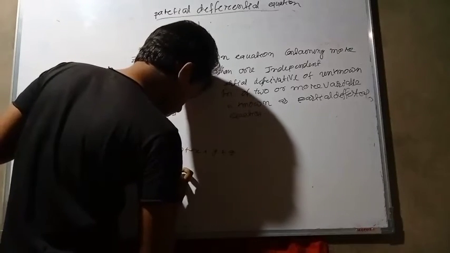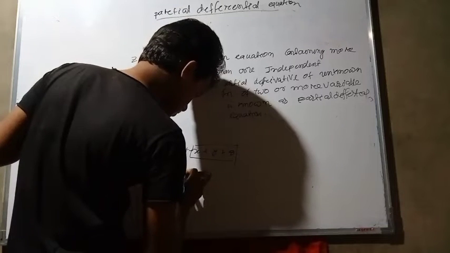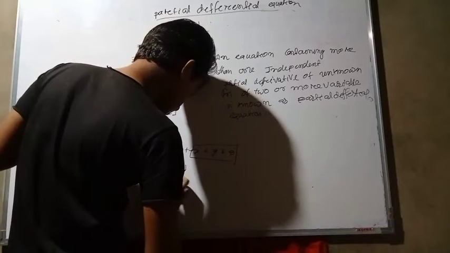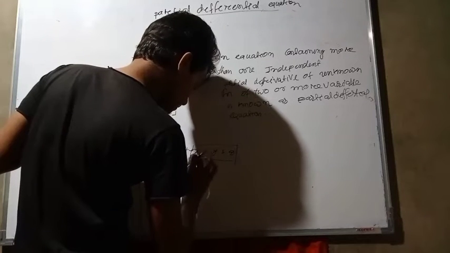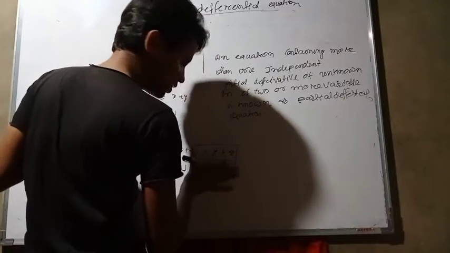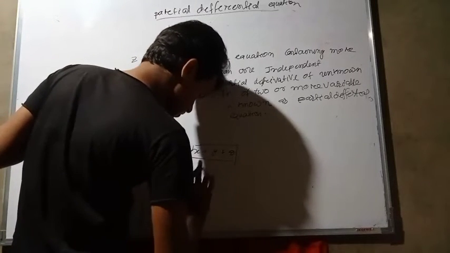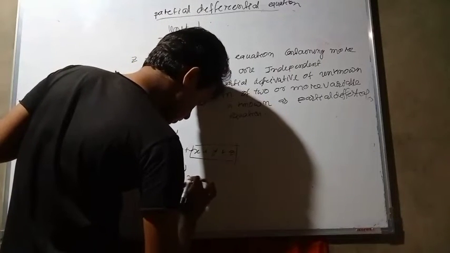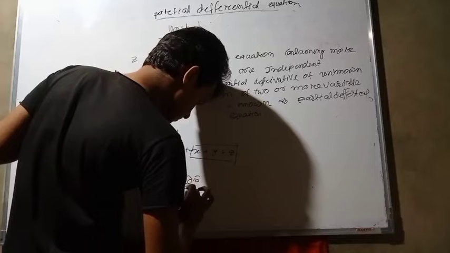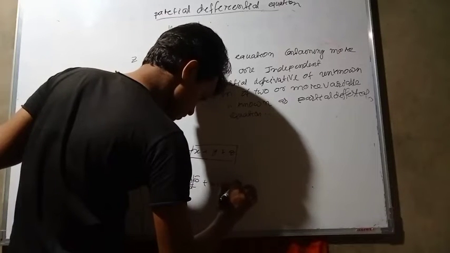If we differentiate with respect to w, the other parts are taken as constants. So differentiating w with respect to x, w by del x.